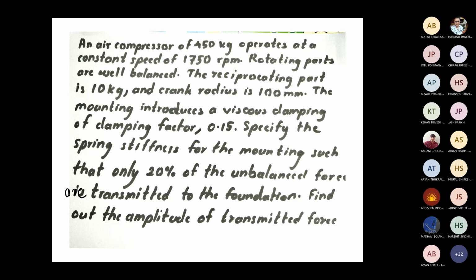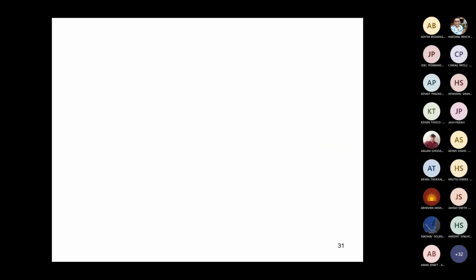So let's again summarize the data. Mass is 450 kg, speed is 750 rpm. Forcing frequency therefore is 2 pi N by 60, so that is 183.26 radians per second.